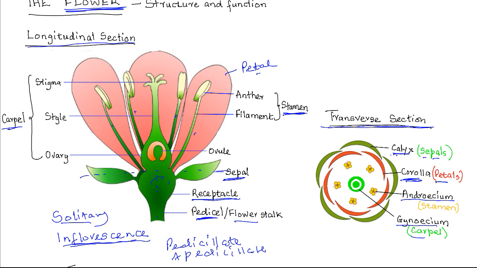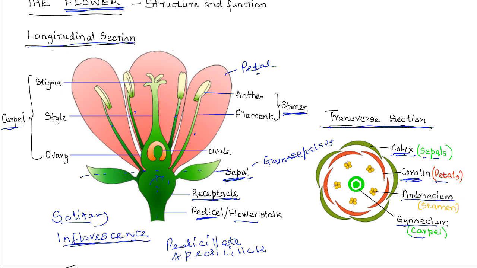Starting with the outermost, that is the calyx. It is made up of several sepals. The sepals are often green in color, though they may have other colors. Now, when these sepals are fused, then the calyx is said to be gamosepalous.